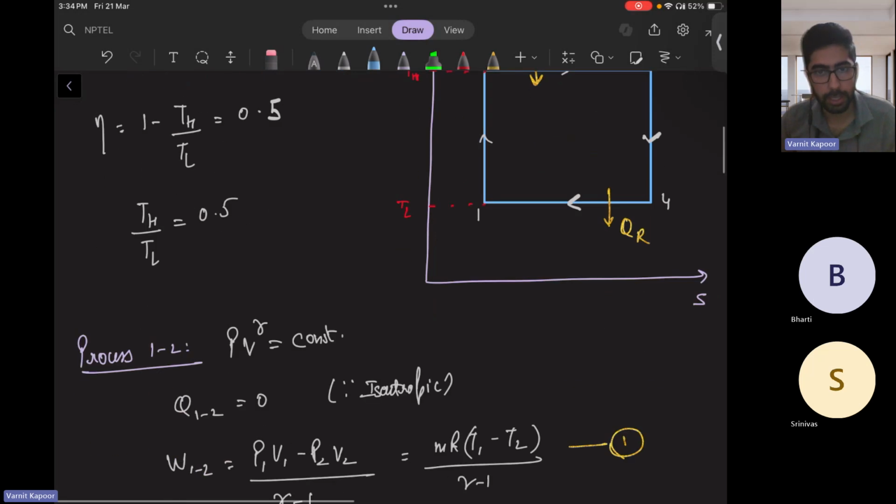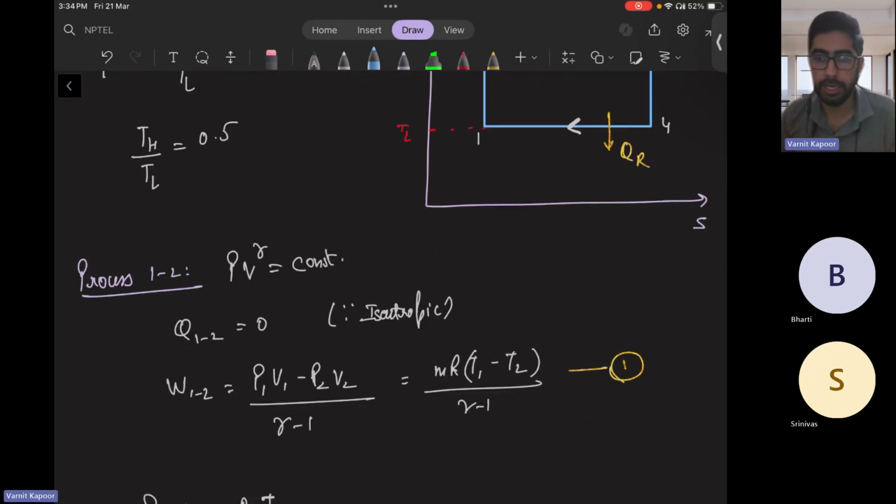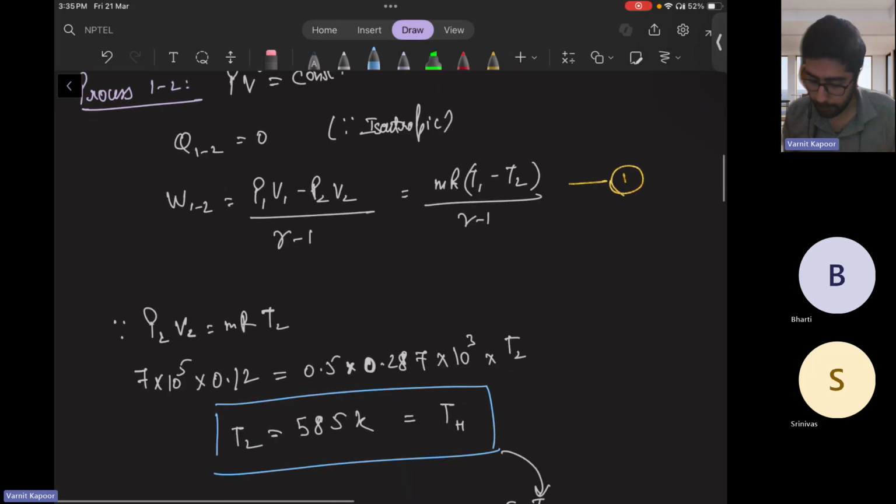For process 1 to 2, that is isentropic compression, it's reversible adiabatic, so heat interaction will be 0. And we know the expression for work interaction, that is P1 V1 minus P2 V2 by gamma minus 1, or MR T1 minus T2 by gamma minus 1, because PV is equal to MRT. But we don't know T1 and T2 so far.